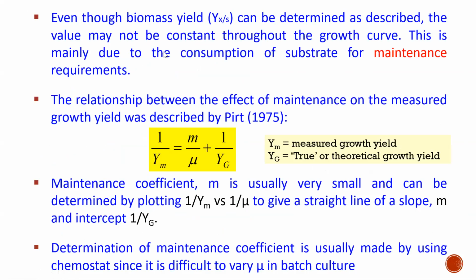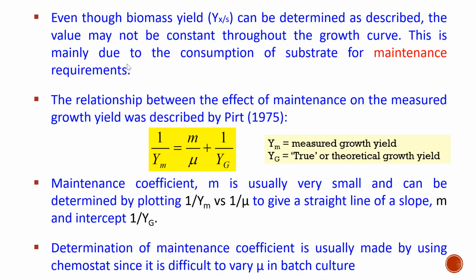Let us move to this. Even though the biomass yield can be determined as described, the value may not be constant throughout the growth curve. Why?